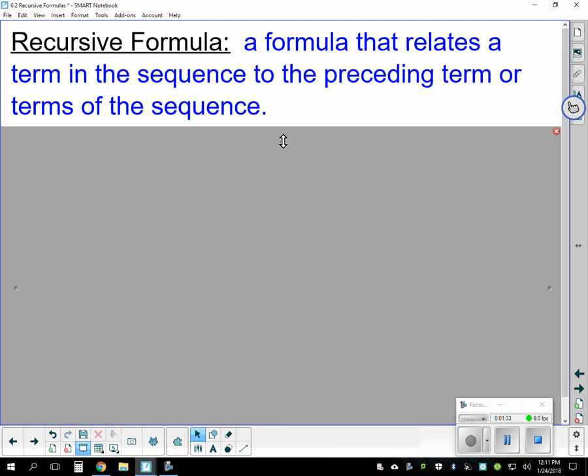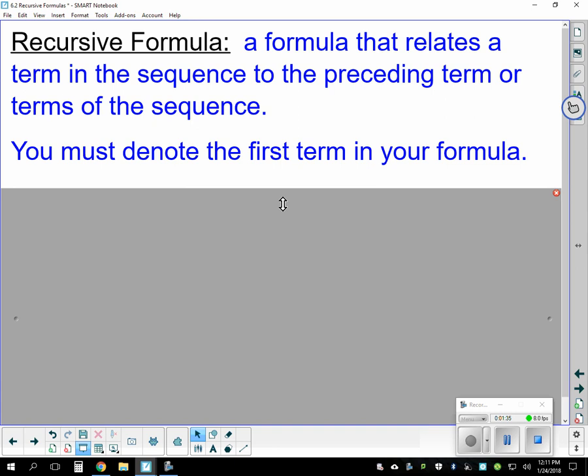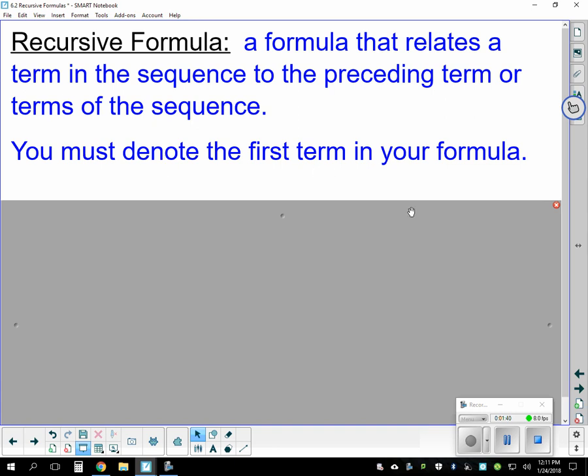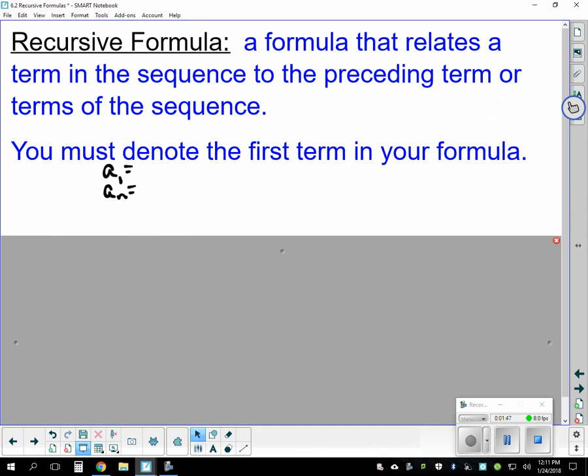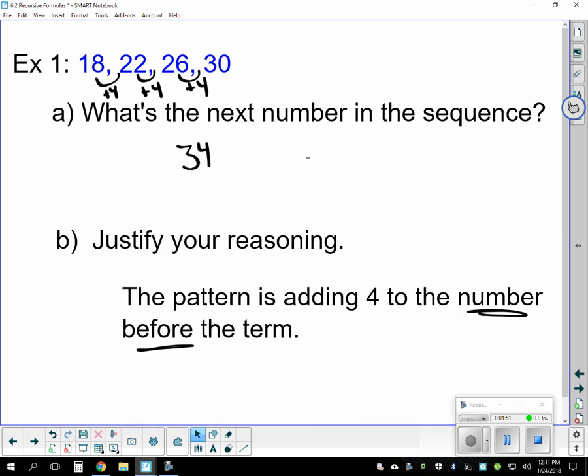When you're working with a recursive formula, you always have to denote the first term in your formula. And remember how we do that. We either say a sub 1 equals whatever the number is, or a sub n equals whatever the number is. So going back to here, we could say a sub 1 equals 18, and then your recursive formula is a sub n equals, well, let me make a t-chart to show you.